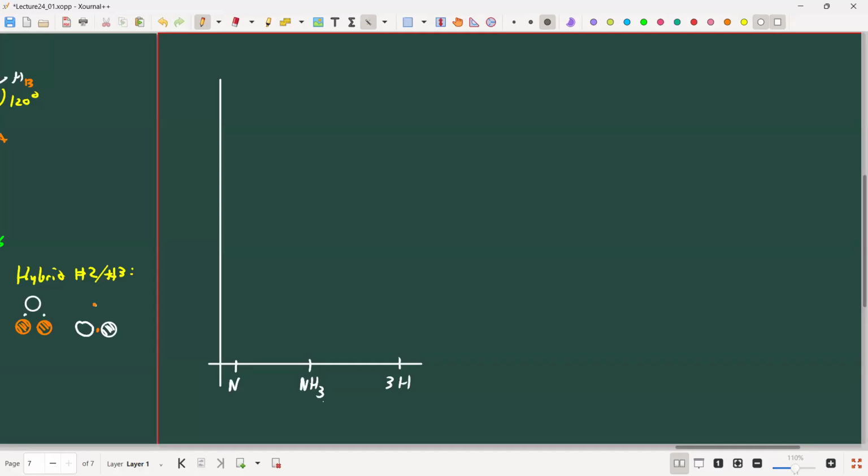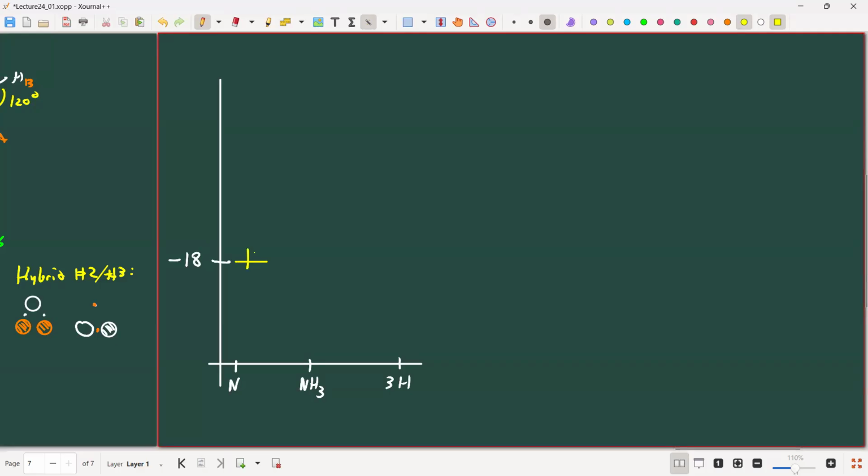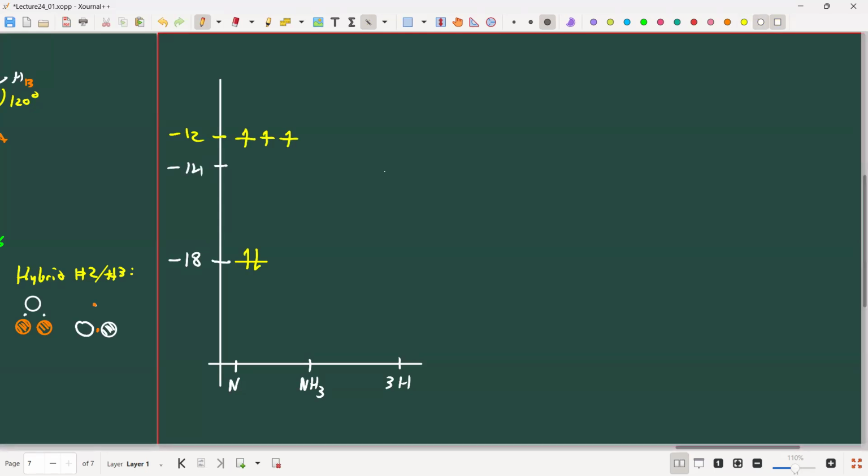It does not contribute at all. So we'll start at minus 18, we have the 2s orbital. And then at minus 12, we have the 2p's. And then at minus 14, we have 3 orbitals for our hydrogens.